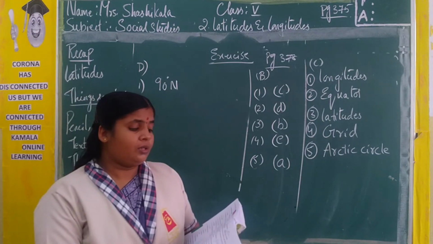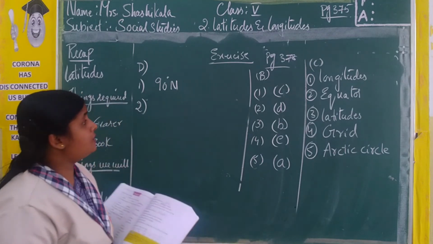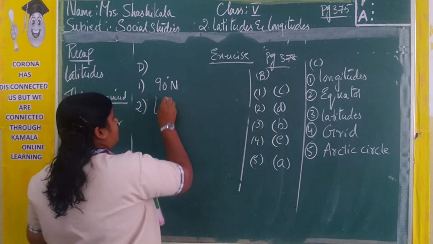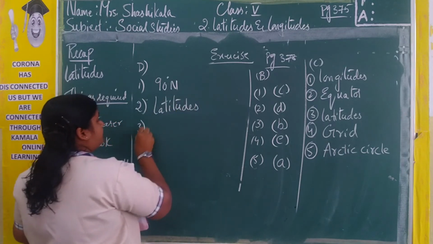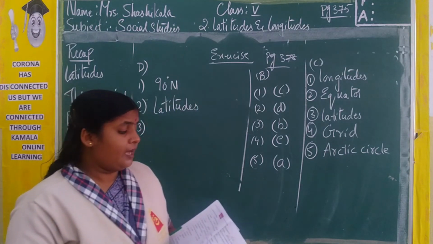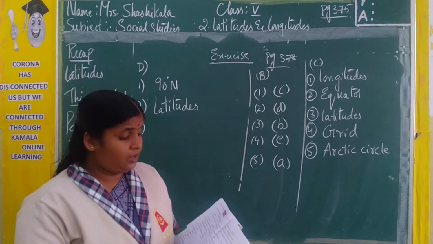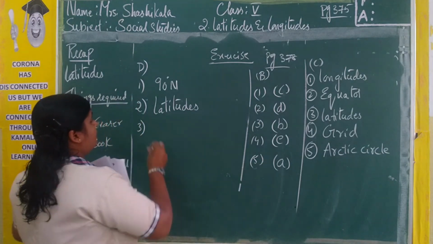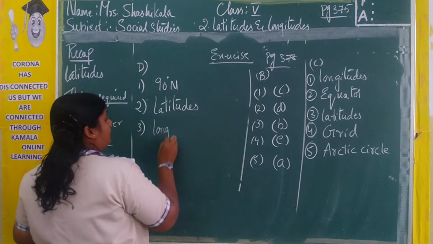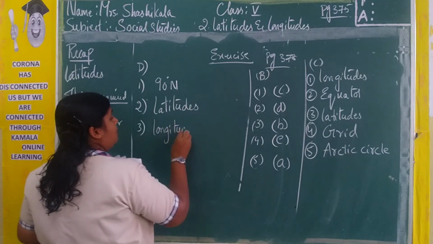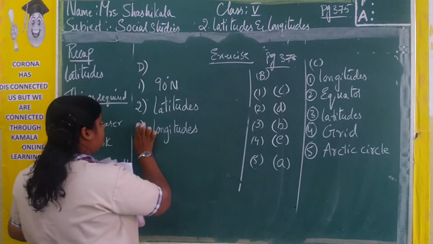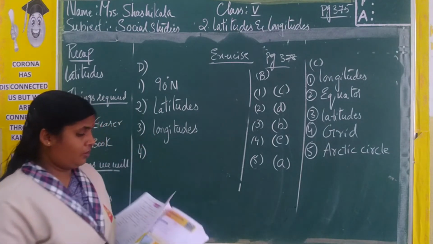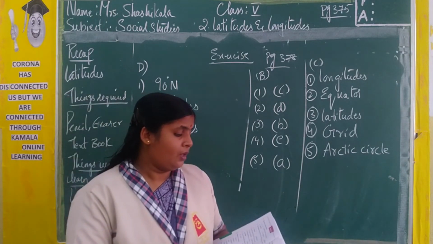The distance between the dash is equal, that is latitudes. Third one, dash lines are not parallel to each other. Longitudes. Latitudes are parallel, but longitudes are not parallel. Fourth one.